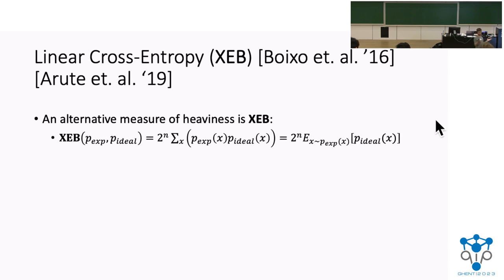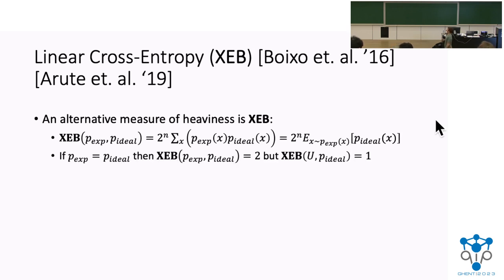It's not playing an important role. Okay? So it's literally 2 to the n times the sum over all outcomes x of the probability of the experimental distribution at x times the probability of the ideal distribution at x. We can write this in another way as 2 to the n times the expectation of x drawn from the experimental distribution of the ideal distribution at x.